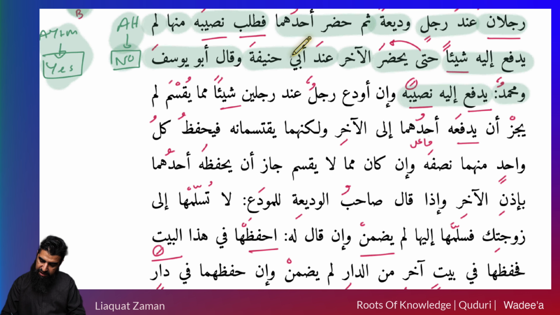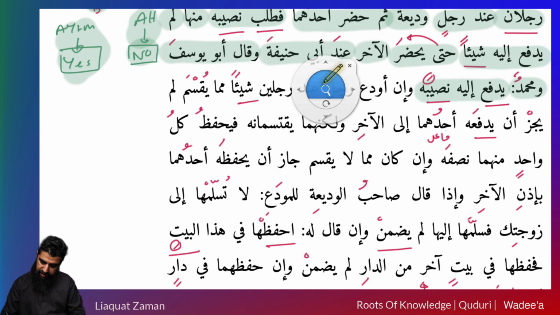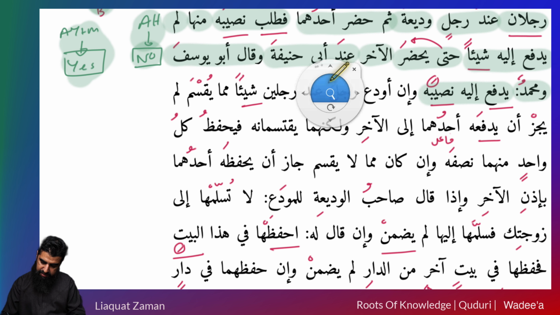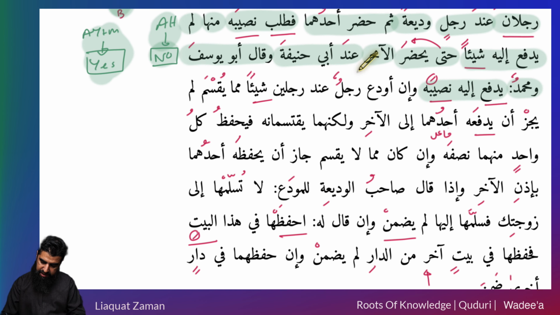Now let's flip it the other way around. Let's see if we can figure this one out. I'm sure there are some bright people out there listening to this. Let's say one man leaves the item with two people.